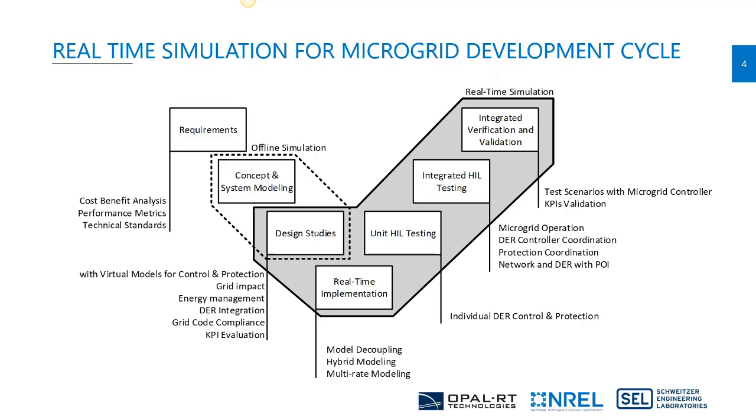And of course, the final step is integrated verification and validation, where you'll test all the test scenarios with a microgrid controller and finally validate all the KPIs that show you the performance of your whole system based on the performance metrics that you decided in the requirements.